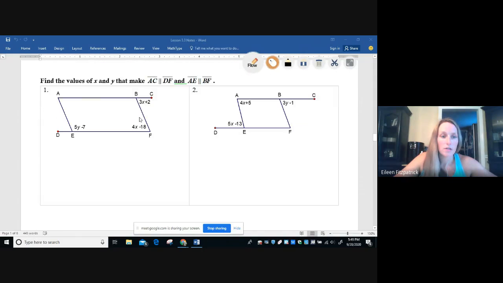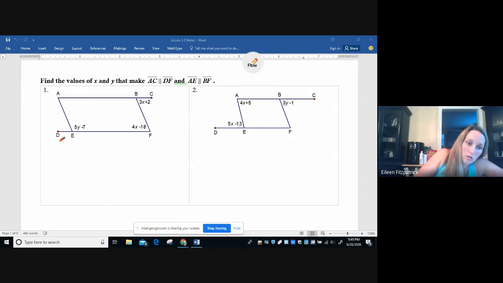So it says, find the values of x and y that make AC parallel to DF and AE parallel to BF. So in order for AE to be parallel to BF, what would have to be true about this angle and this angle? They'd have to be same side interior supplementary angles.